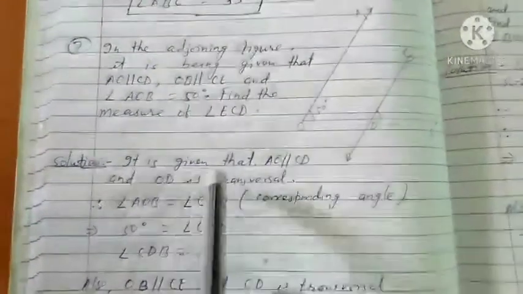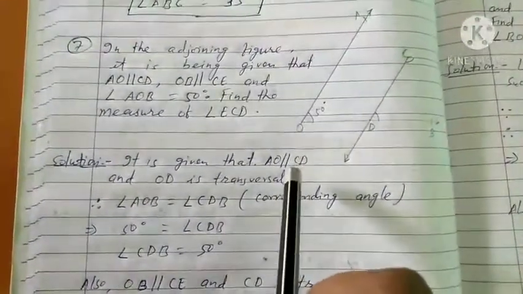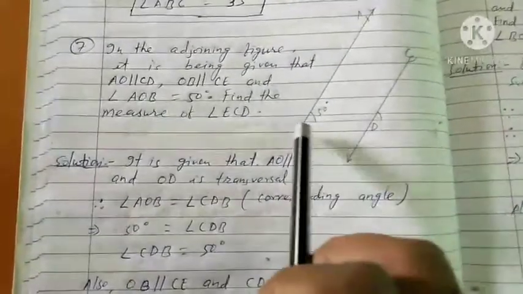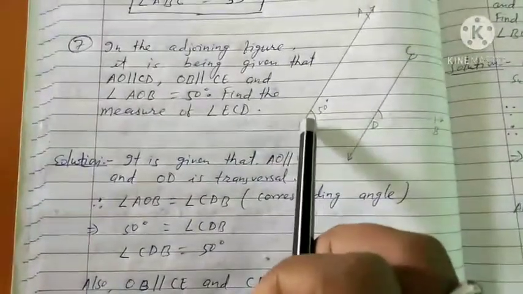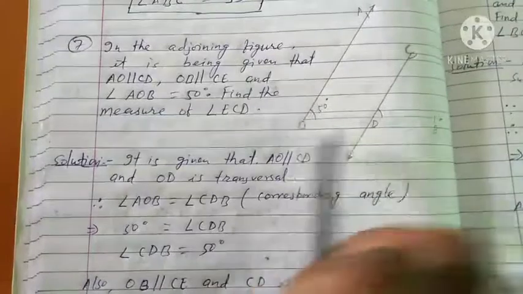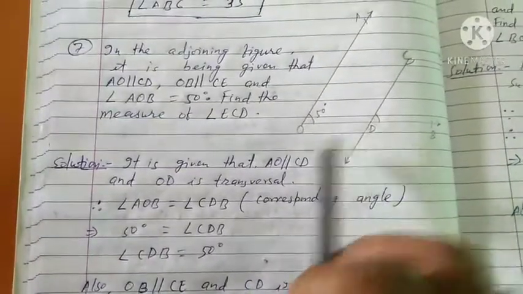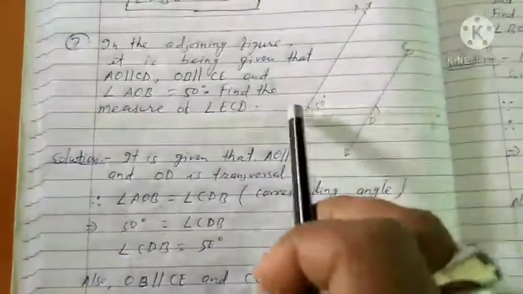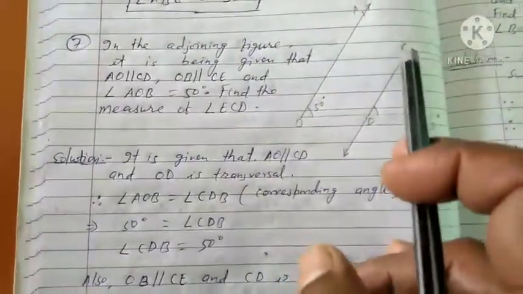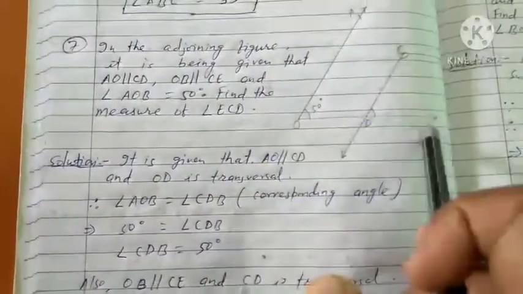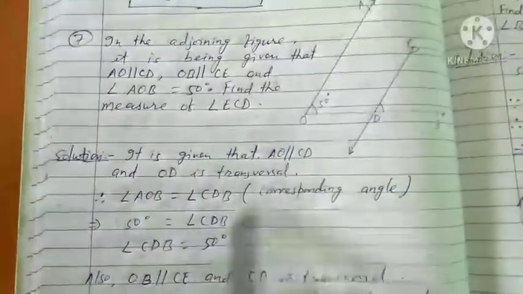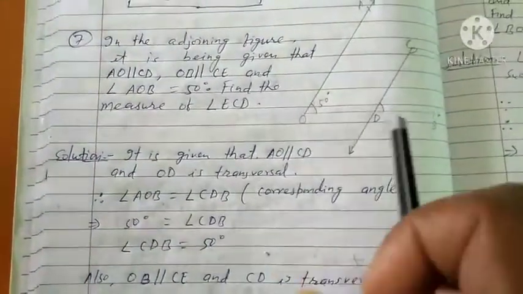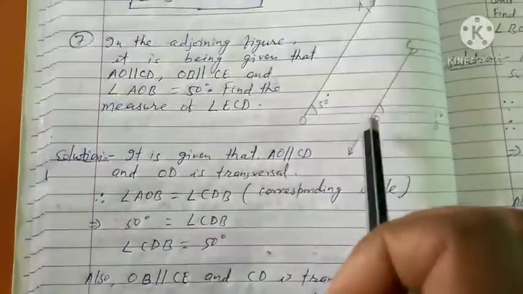OD is cutting these two lines at two distinct points. Therefore, angle AOB is equal to angle CDB, right? Because of the corresponding angle criteria, angle CDB is equal to 50 degrees.